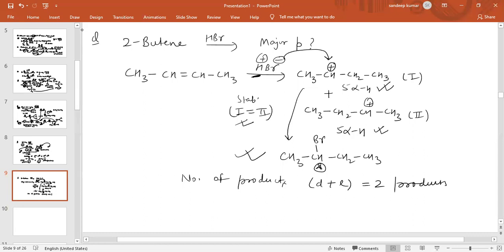Two products will be formed. If in the product there is a chiral center, then we say there is a possibility of two products, one dextro and one levo, so a total of two products will be obtained.